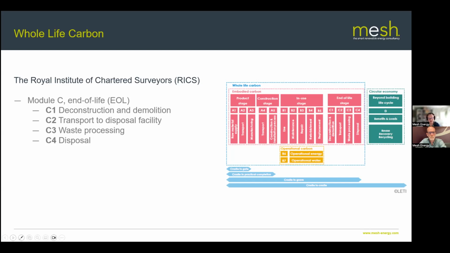So only 55% would be crushed down and used for hardcore. And then the same with timber products.